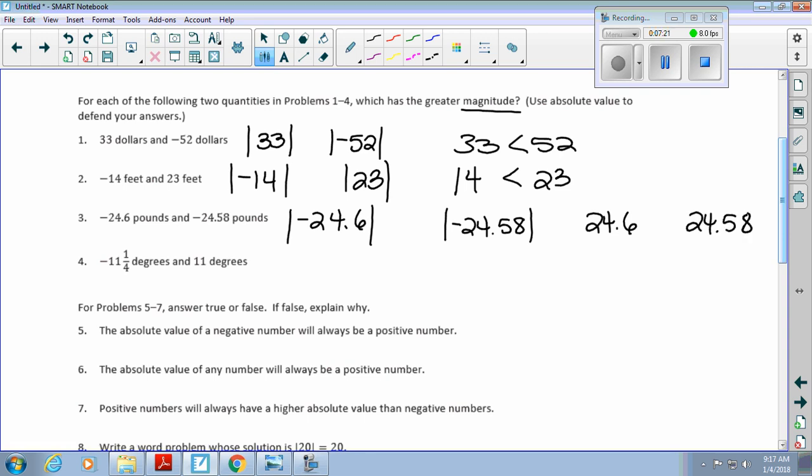Now, a lot of kids coming into 6th grade, because up until this point they've only dealt with really a handful of fractions and stuff, but mostly they've dealt with whole numbers, so they think the more digits there are in a number, that always means that it's a bigger number, right? Not all of you guys thought that, but there are some people. When it's a decimal, that changes, right? Because we could throw zeros on the end here. We could do a lot of different things, and more digits does not mean a bigger number.